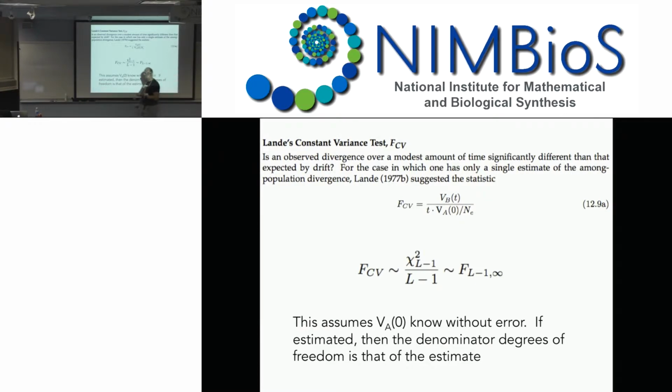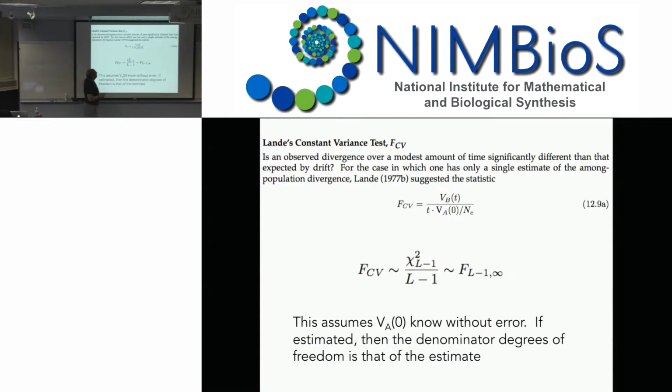Obviously, I've got to have a good estimate of the initial added variation, and a good estimate of N sub e. N sub e is maybe less of a concern than you'd think, because you can find the critical value above which drift is unlikely. And if that critical value is far below what you think the actual value is, then you're probably pretty safe.